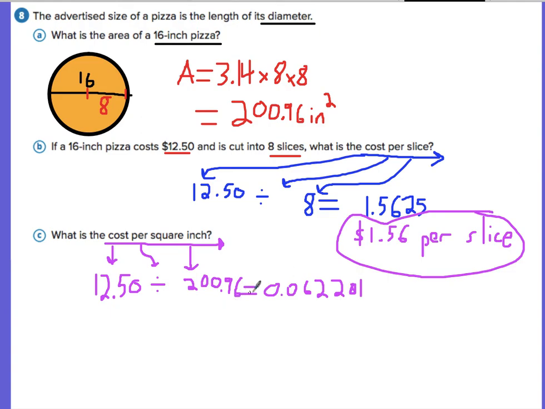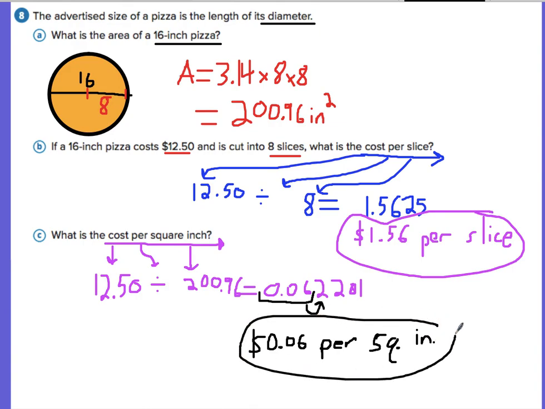And think about this is going to be money, right? So we round to the nearest hundredth. So when we round, the 2 is going to round the 6 back to 6 because 2 is less than 5. So we're going to say this is 6 cents, or $0.06 per square inch. And we can abbreviate square inch as sq. in. All right, use this as you need to help you out, and good luck.